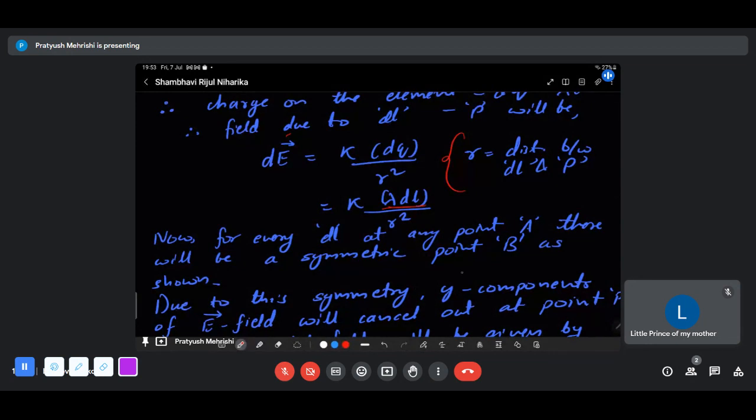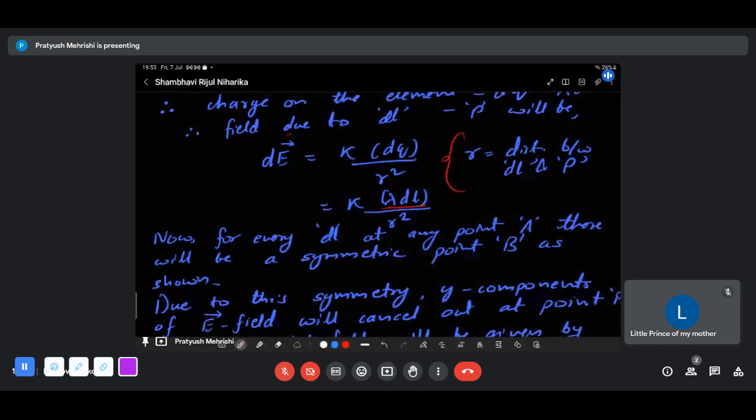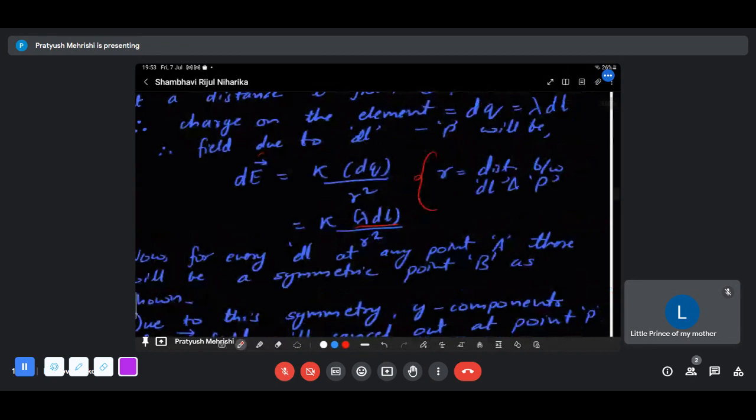Now we know that for every dl in the upward direction, there will be another dl in the downward direction which will cancel the vertical component of field. The vertical component of field will be cancelled out because of symmetry. So for every dl at any point A, there will be a symmetric point B as shown in the figure.